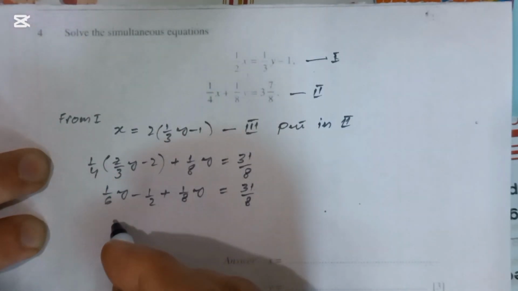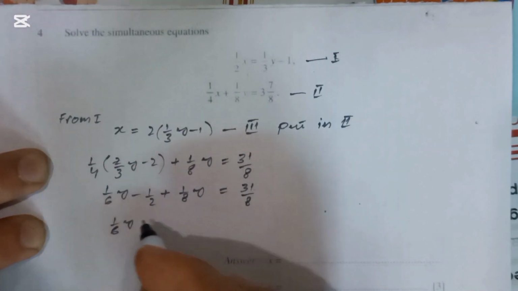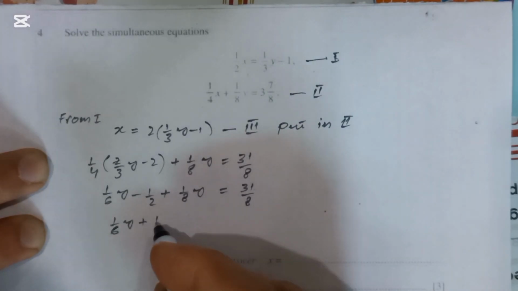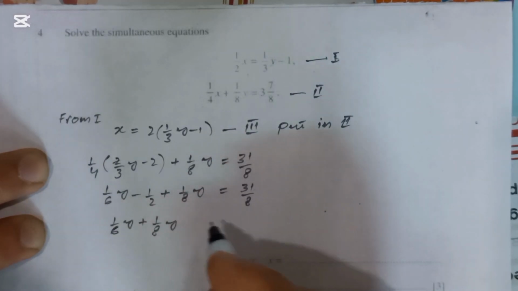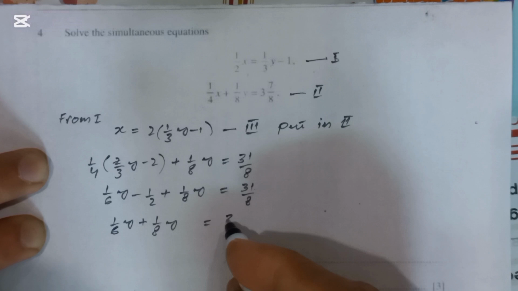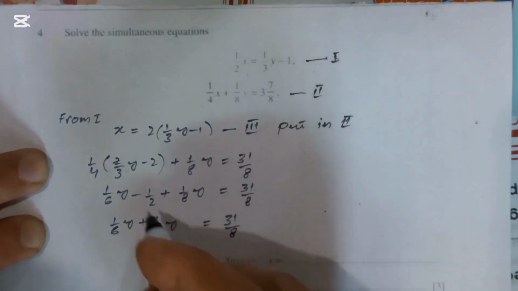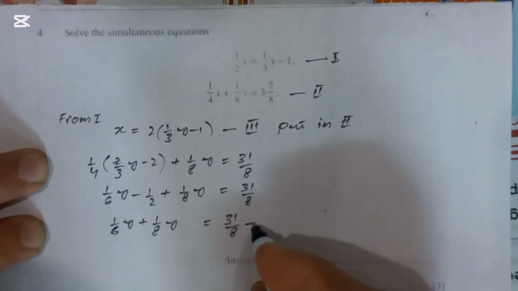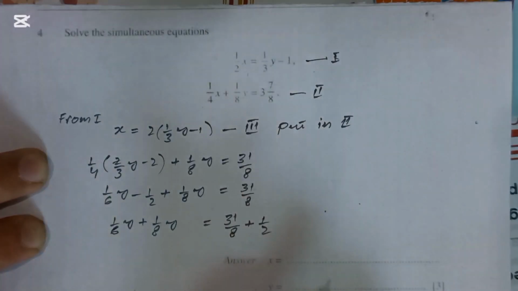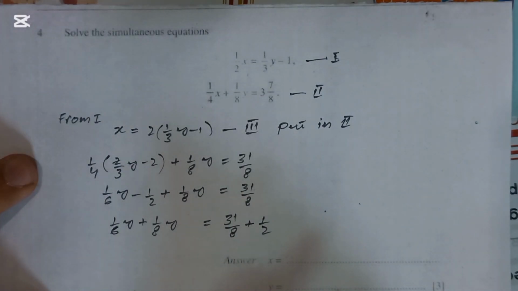So 1 by 6 y and 1 by 8 y, leave it on the left side, and on the right side we have 31 over 8. Shift this minus 1 by 2 on the right side. Actually we are going to solve the value of the y.